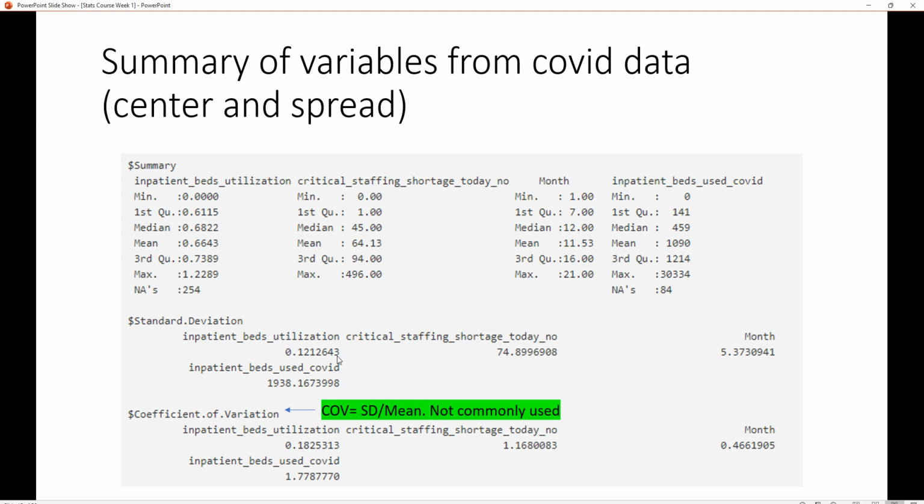We have the standard deviation that gives us an idea about the spread. And we also have something that's not commonly used, called the coefficient of variation, which is the standard deviation divided by the mean. That gives us an idea of how much variation we have. For normally distributed data, the mean is usually bigger than the standard deviation.